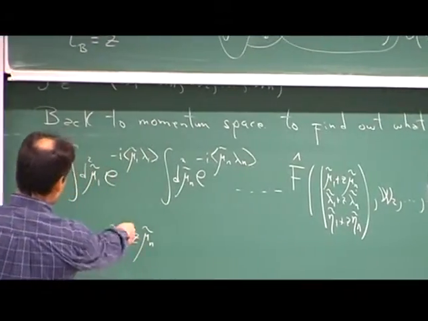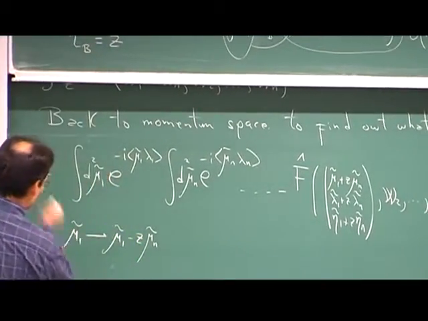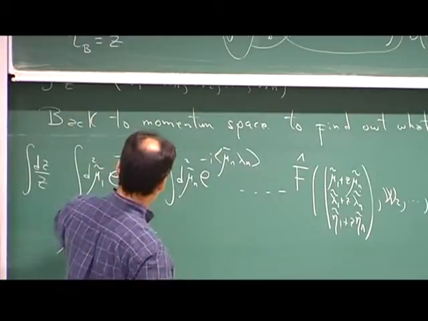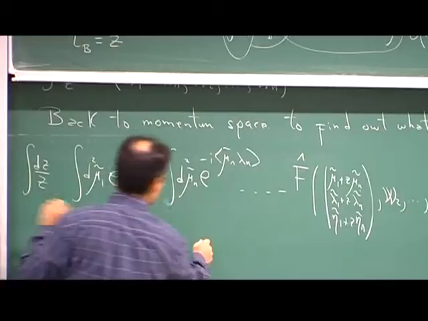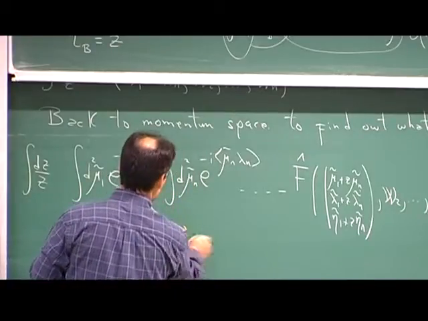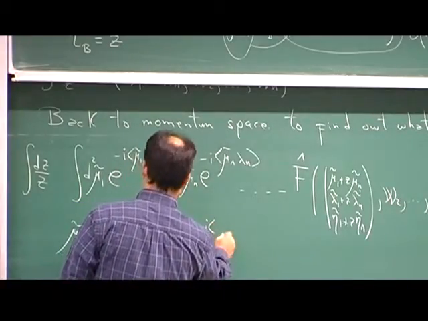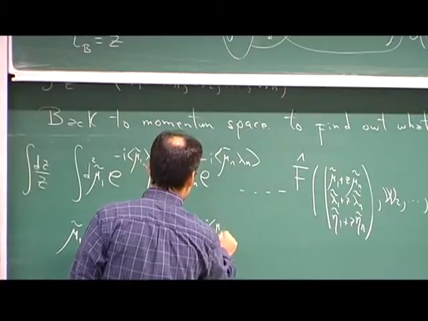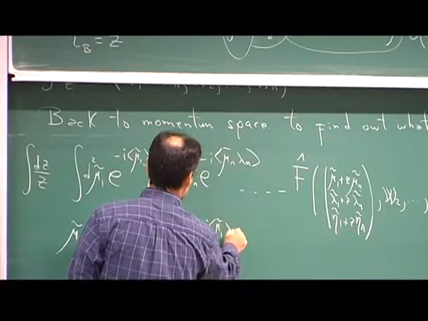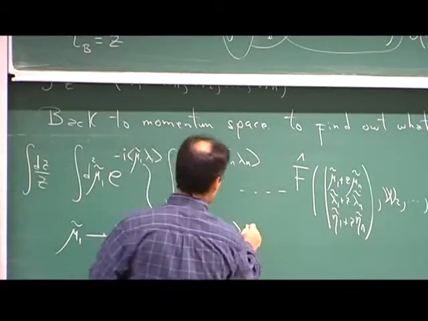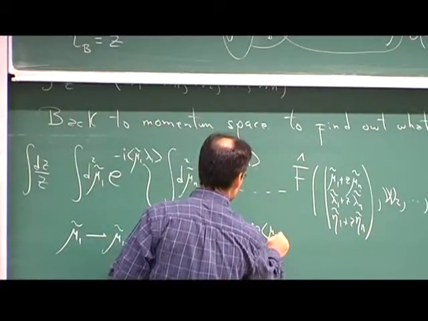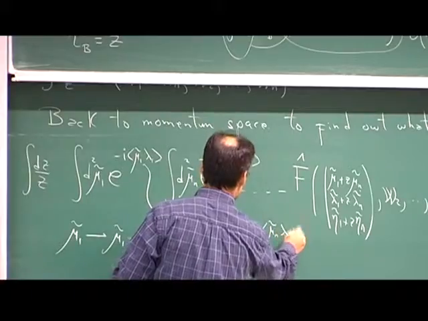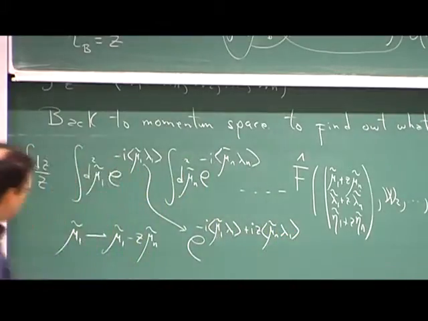Okay? So under this shift, what happens is, well, this guy picks up a shift. So you get e to the minus mu1 lambda 1, but I get a plus I z mu n lambda 1, right?